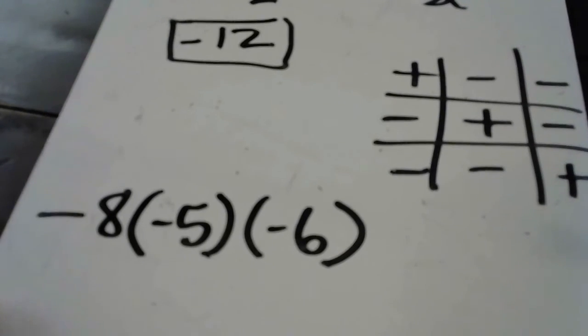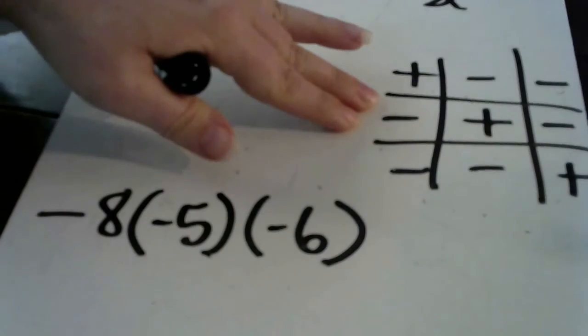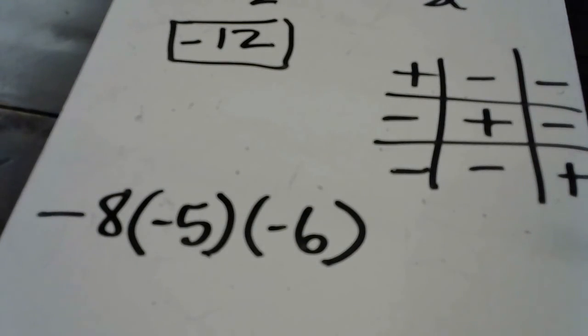Okay, so next we have this problem right here. If you want to do this problem using the tic-tac-toe board, that's totally fine. When I was younger, I was always told if you have an even number of negative signs, then your answer is going to be positive.